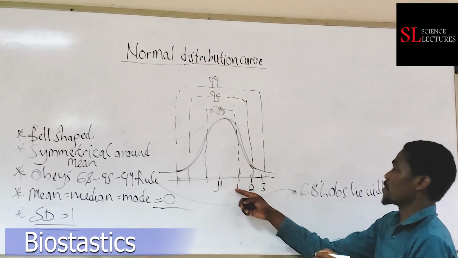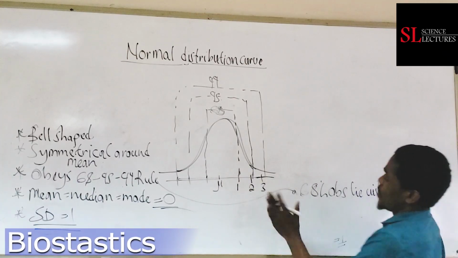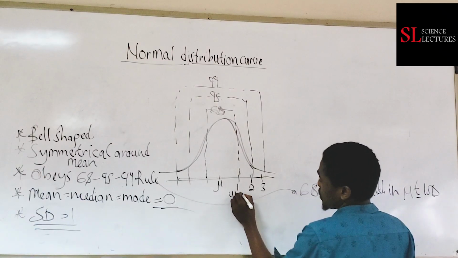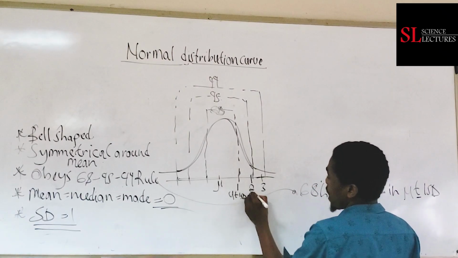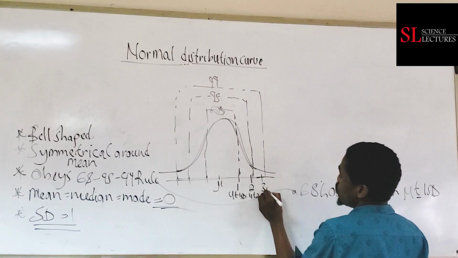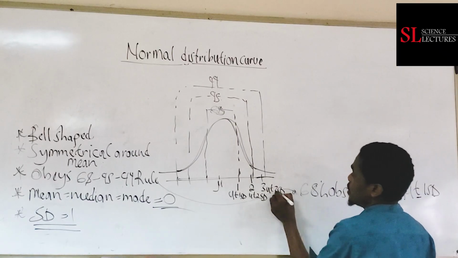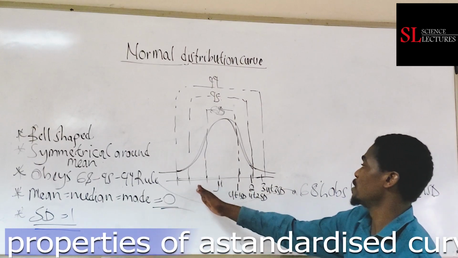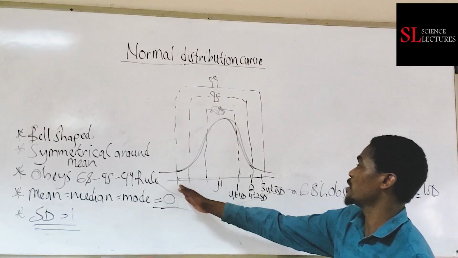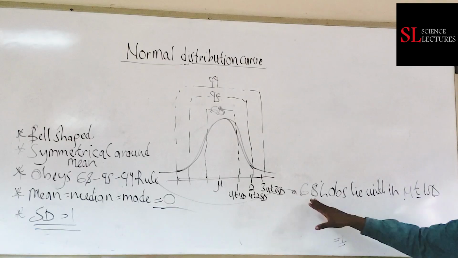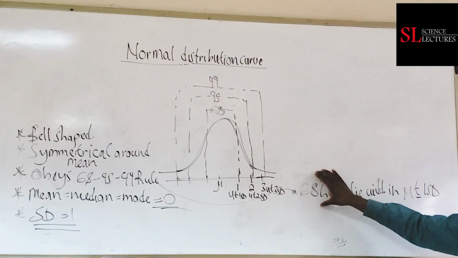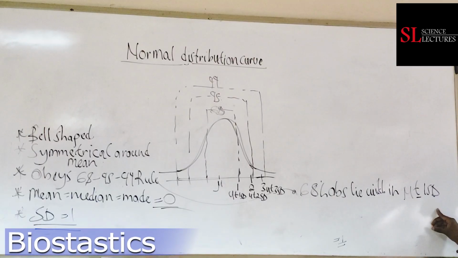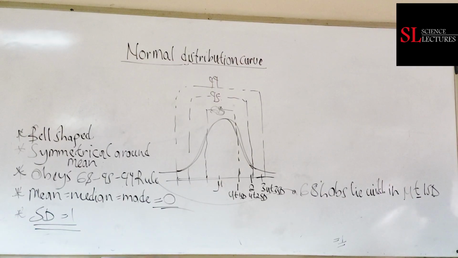So it can appear as mu plus 1 SD, mu plus 2 SD, and mu plus 3 SD. The other side will be the opposite: mu minus 1 SD, mu minus 2 SD, and mu minus 3 SD. So 68% of objects lie within mu plus or minus 1 standard deviation.